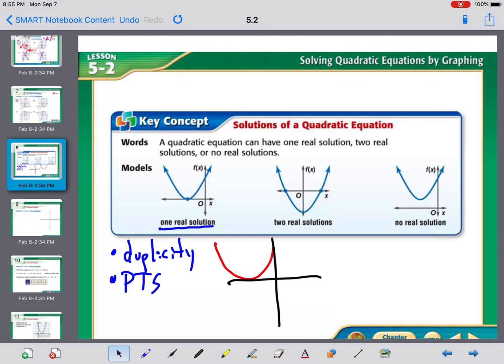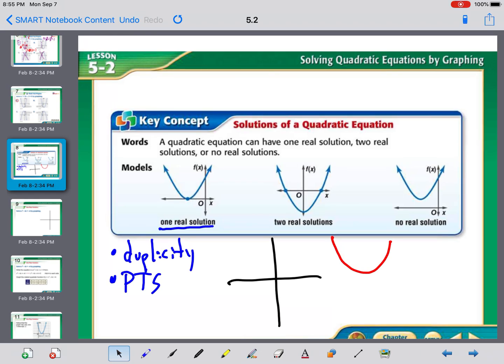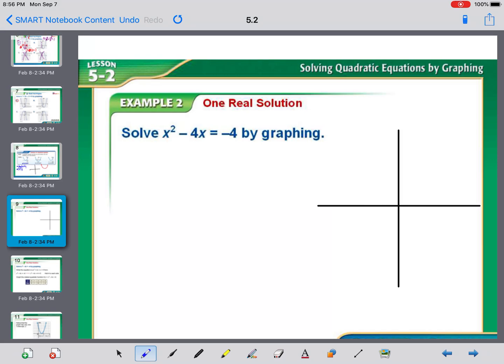The reason it's a duplicate is because those are perfect trinomial squares. That's special. If you see a graph comes down and the vertex is on the x-axis, then the trinomial was a perfect trinomial square. That's just how it works. But it's nice to be able to see that.